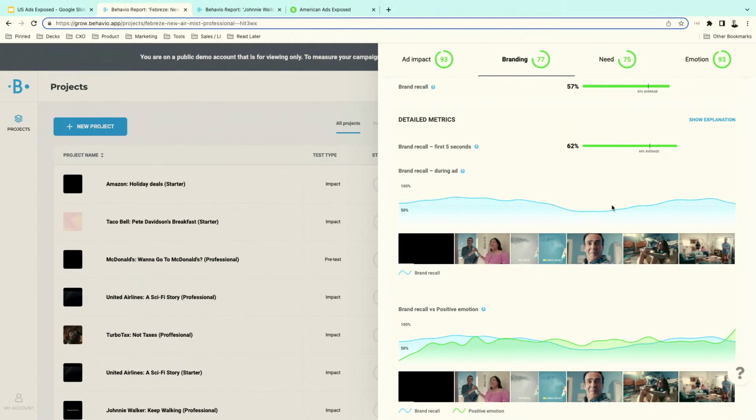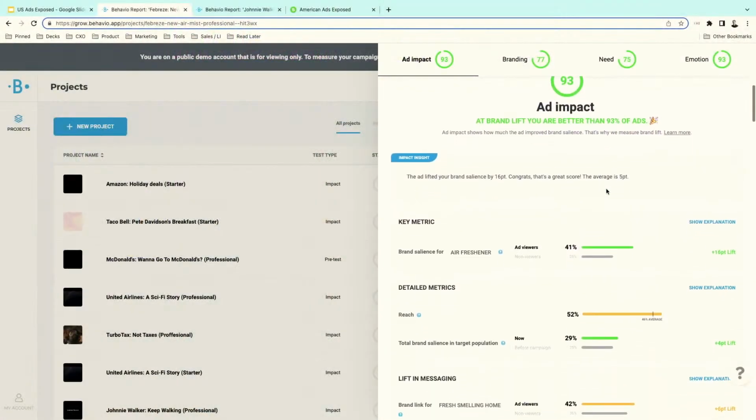We do this by showing people first a random part, like 5 seconds or 7 seconds or 2 seconds of the ad, and we ask them to write the name of the brand after seeing this, and this really looks well.